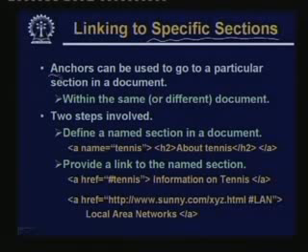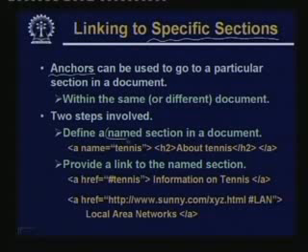Well, here also we can use the same anchor tags. There are two steps involved here. If you want to do this, you have to go through two steps. The first step is like this. Suppose I have a document and I want to provide a link to 3 points in this document. There can be a link to the beginning, there can be a link to somewhere here, there can be a link to somewhere here.